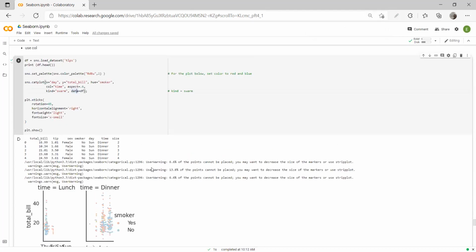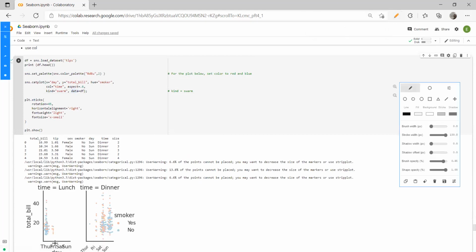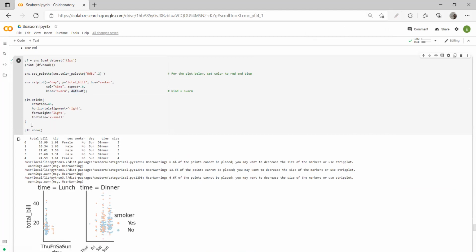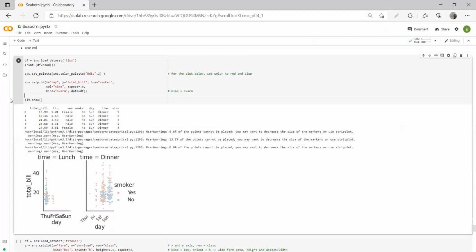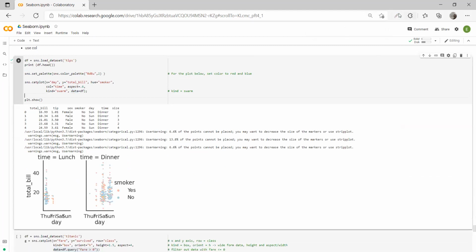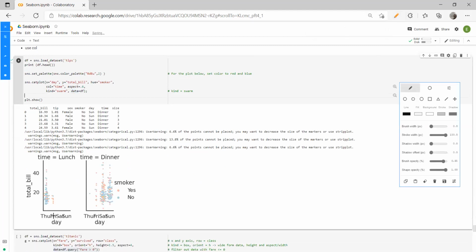This looks more beautiful on a Jupyter notebook, but on Google Colab, if you see this x-axis, it is coming out very bad, not really good. What I can do is, if I remove this piece of code, you can see that both the places, over here as well as over here.